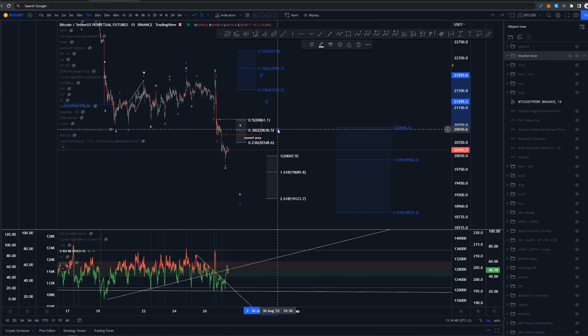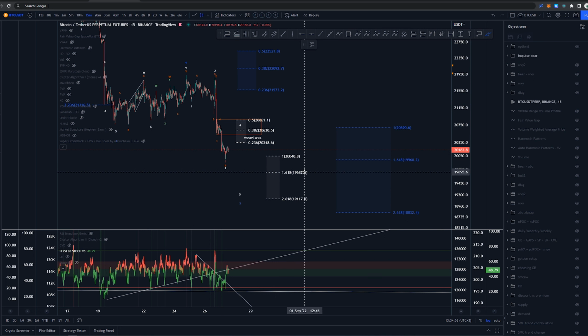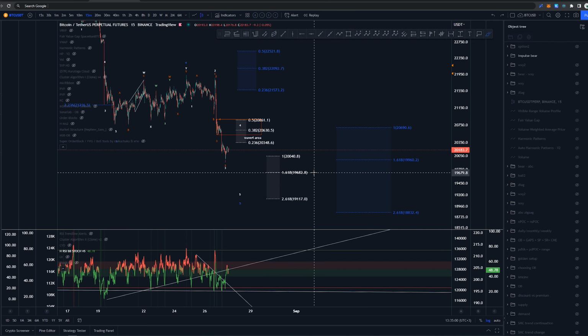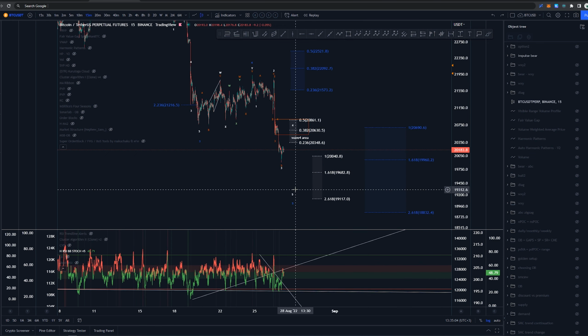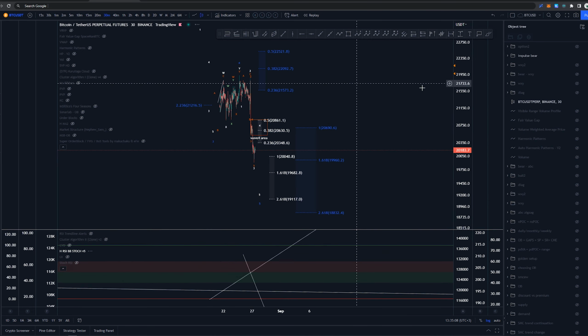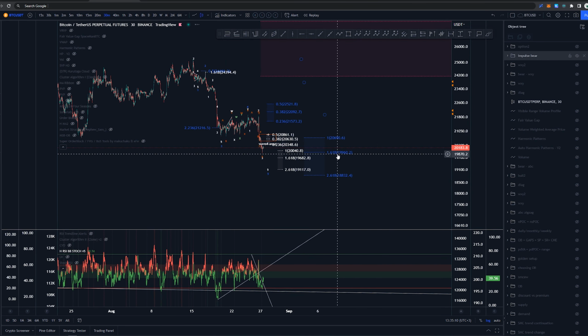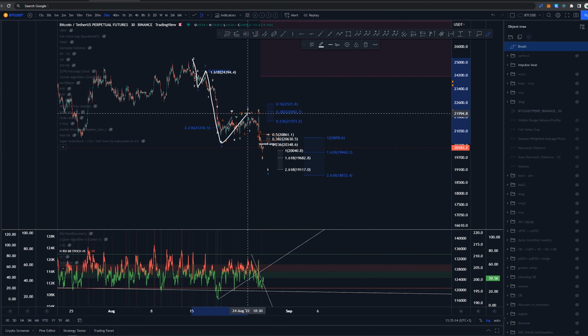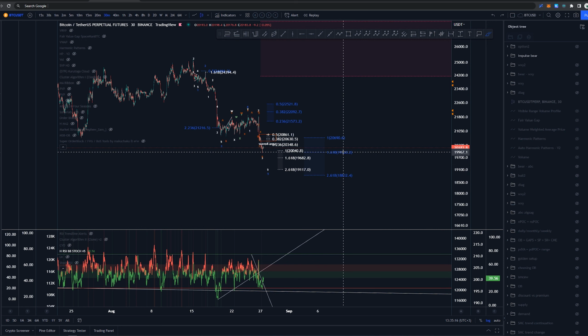Again, if we are looking at that 38.2 retracement as the most common retracement area and the pivot point for that wave 5, we would be looking at possible 1.618 or 2.618 here, around 19.6k and 19.1k as the end for this wave 5. On higher time frame, that would still be lining up pretty well to our higher time frame targets, in which we would have this as a 1, 2, 3, 4, and then looking for that 5th.